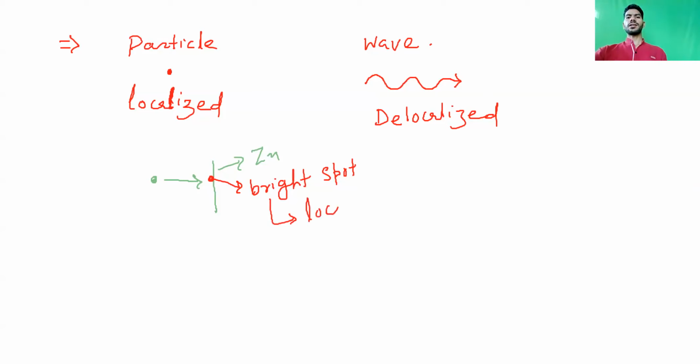What does it indicate? It indicates particle nature, because particles are always localized. So the electron producing this bright spot on the zinc sulfide screen also has particle nature. This is how we observe the particle nature of the electron.